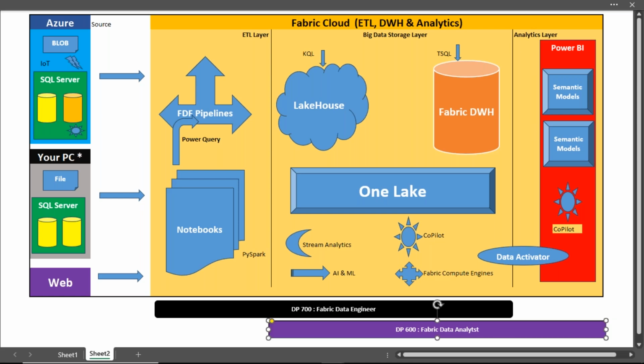That is DP-600. And as on date, there is KQL, Kusto Query Language, for monitoring. It is with DP-700 right now. We may see that KQL in DP-600 also very, very soon.